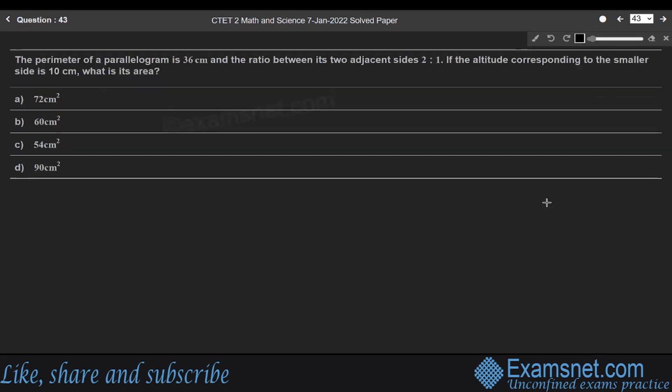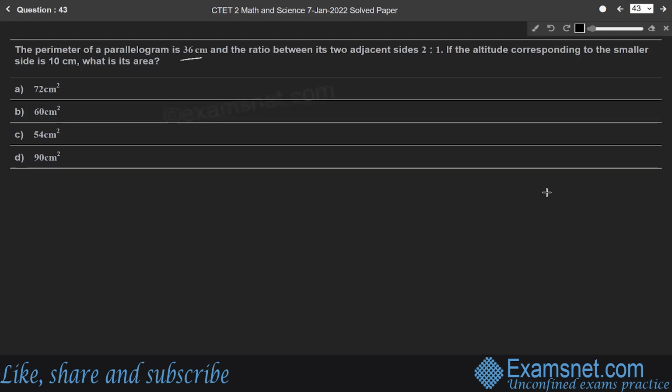Question 43. The perimeter of a parallelogram is 36 centimeter and the ratio between its two adjacent sides is 2:1. If the altitude corresponding to the smaller side is 10 centimeter, what is its area? So consider a parallelogram. So here the perimeter P is 36 centimeter.